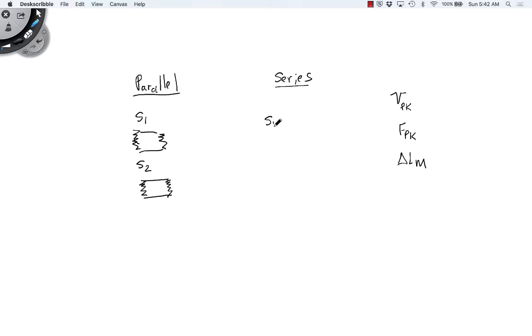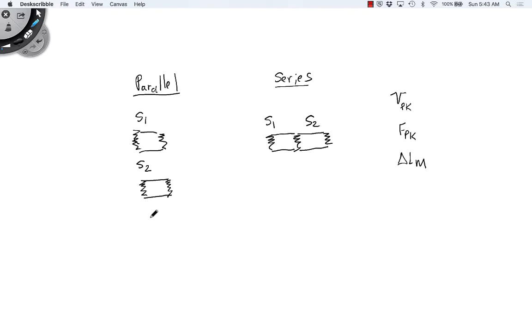Series would be taking sarcomere 1, there's the Z-band, and then there's the sarcomere, and then instead of putting the second next to it, we put it in line with it. So sarcomere 2 would be here. Okay, so how does this arrangement, parallel versus series, affect these key muscle variables?